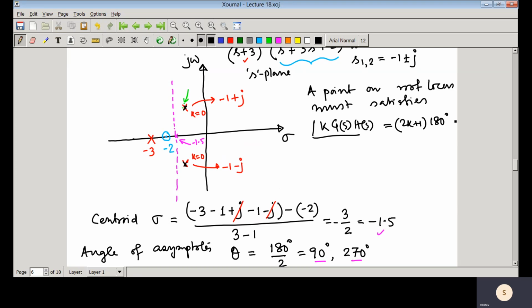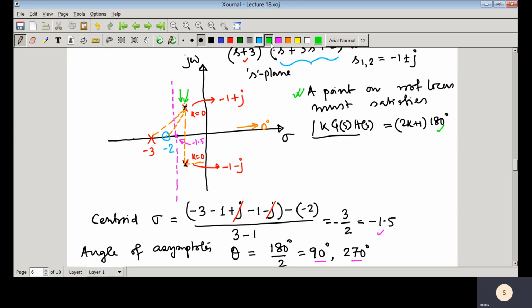Now here we can draw the vectors from this open loop pole, this zero, and here you have one pole. This is the reference axis, that is 0 degree. We have considered a point very close to this particular pole, and that point would be on the root locus if it satisfies the angle criteria.